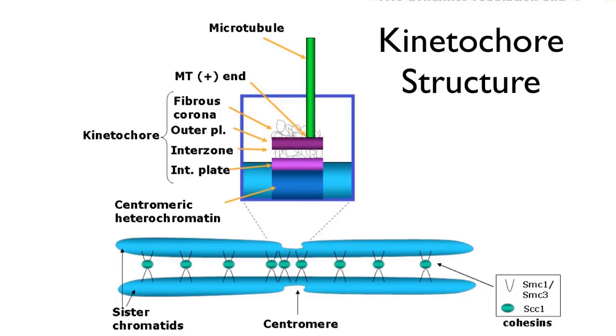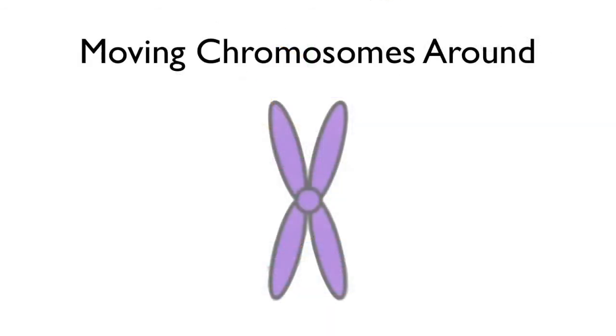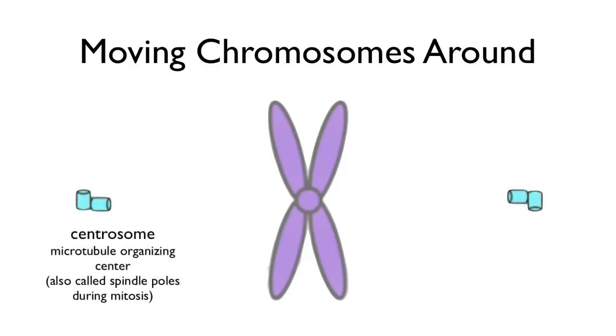There's an inner zone and an outer zone, and the structures are very interesting. But for our purposes, you can sort of think of it as a handle or an attachment point where specialized microtubules are going to attach. And this is basically the structure that's going to allow the chromosome to attach to the organizing fibers during cell division.